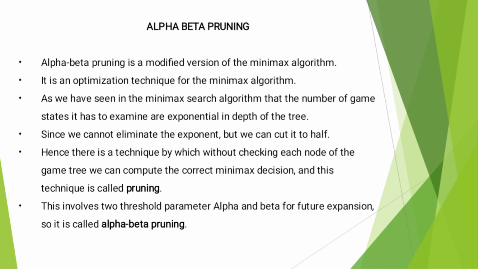Hence, there is a technique by which, without checking each node of the game tree, we can compute the correct minimax decision, and this technique is called pruning. This involves two threshold parameters, alpha and beta, for future expansion. So it is called alpha beta pruning.